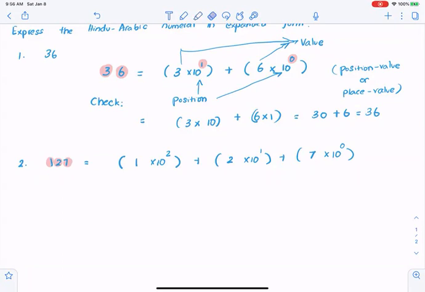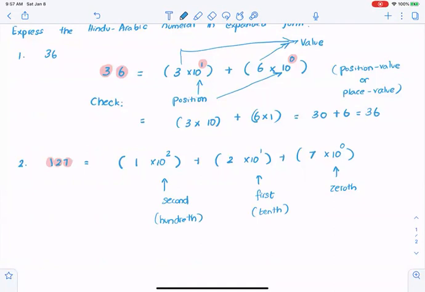This is what you might have learned as the 0th digit, or the first digit, the second: ones, tens, hundreds, thousands, and so on.